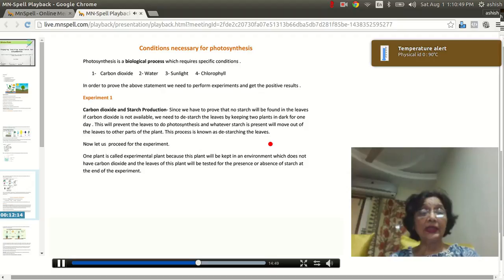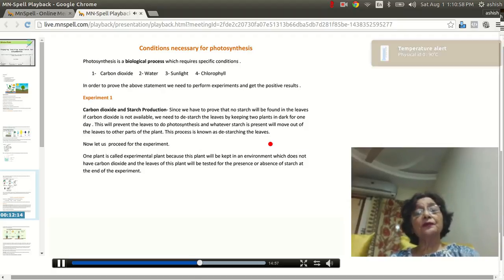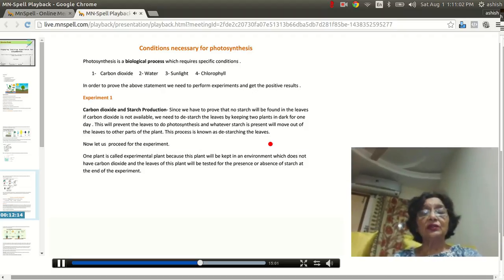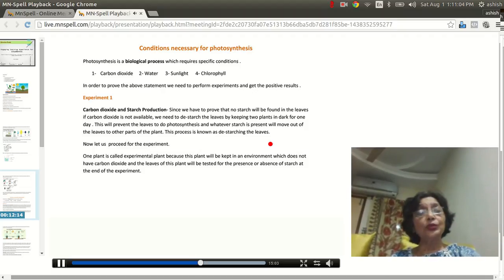Indirectly, if carbon dioxide is not there, photosynthesis won't take place. To begin the experiment, first let us de-starch the leaves. How to de-starch the leaves? We keep the plant in the dark for 24 hours minimum.